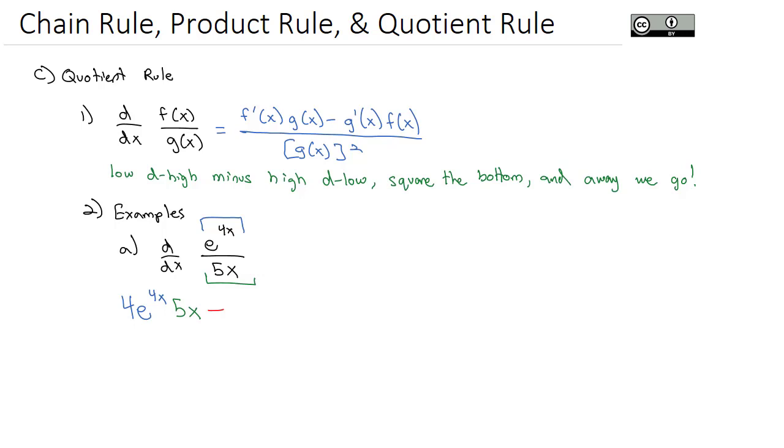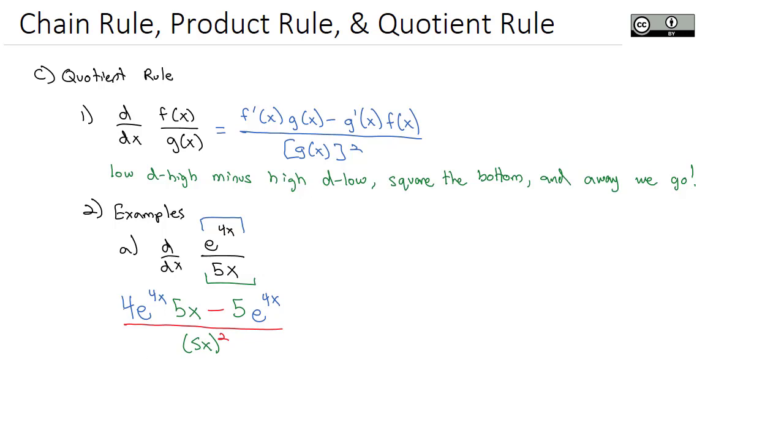Then we subtract. And now we take the derivative of the bottom, which is 5, times the top, which is e to the 4x. We finish it off by dividing by the bottom part. The 5x is going to get squared.